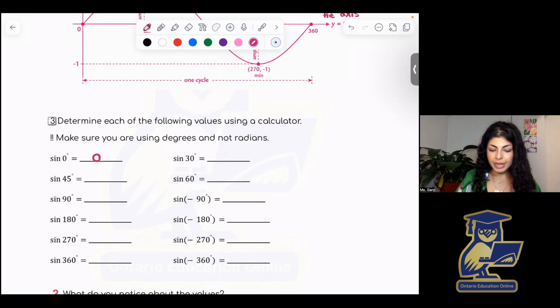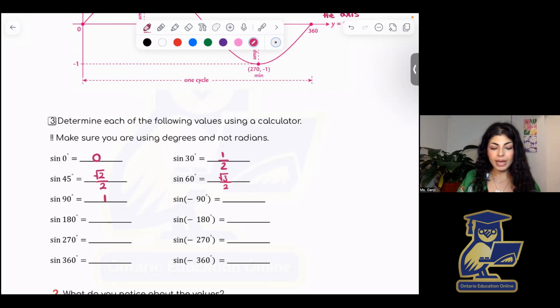Sine of 30 will be equal to half. Sine of 45 is square root of 2 over 2. And we are keeping exact values here because these are the common values that we need to recognize. Sine of 60 will be square root of 3 over 2. Sine of 90 we just saw is 1.